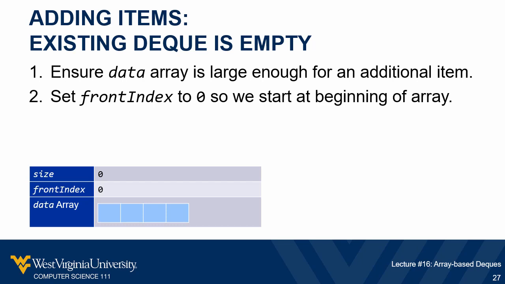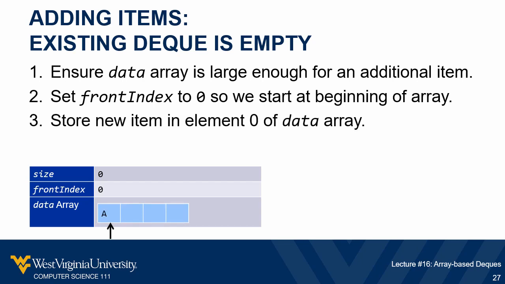It makes it nice if we try to debug what's happening with our code. We could do it without this, but it's a nice little thing to build in. So we're going to do that. We're then going to store our new item in element 0 of our data array. And then we're going to increment the size field to reflect that we now have one thing inside of our deck.